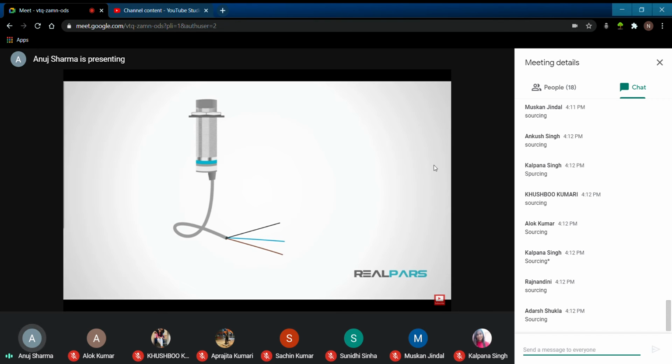The standard convention is that the brown wire is connected to the positive side of the power supply, plus 24 volts DC, and the blue wire is connected to the DC common terminal of the power supply. This is the negative terminal that is present on the power supply. The black wire is the output, or load wire, of the sensor. It gets connected to the PLC input terminal.